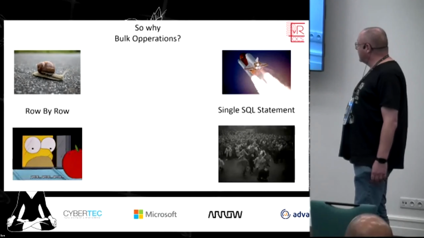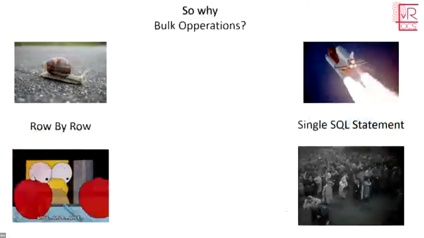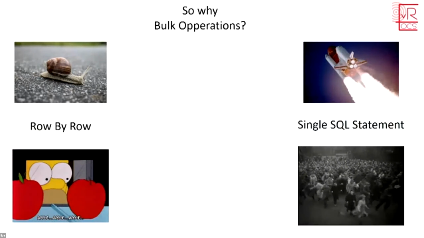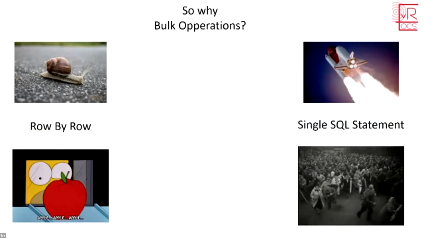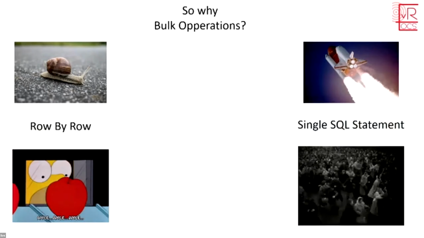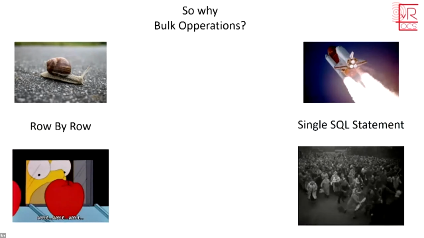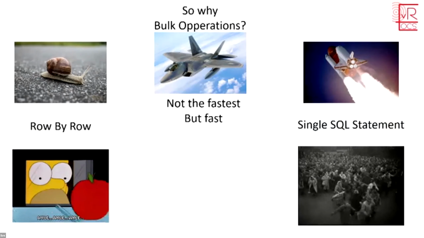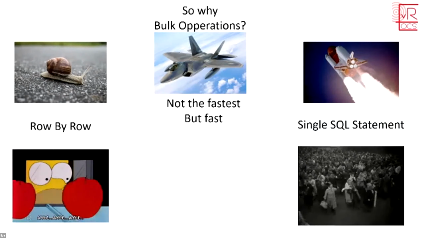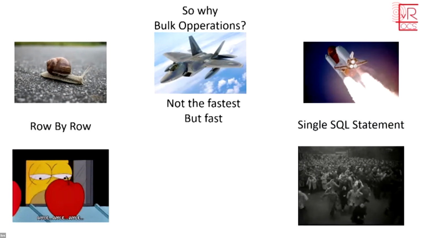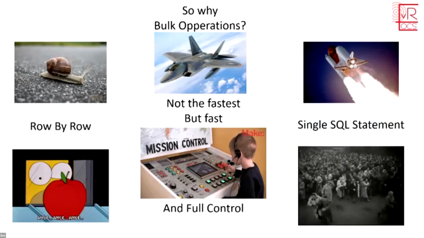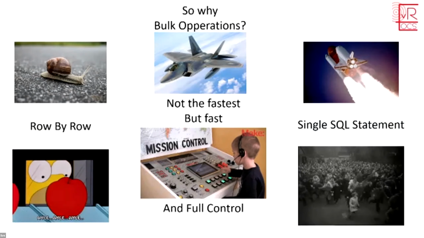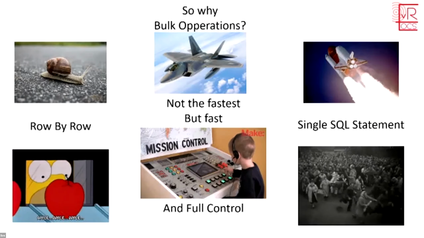A single SQL statement looks like this. If there's one bad guy among these people, all you can do is just treat them as a group. Bulk operations are not the fastest, but they are pretty fast, whatever. And you have full control. So you get more or less the best of both worlds.